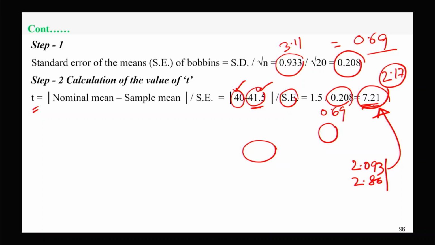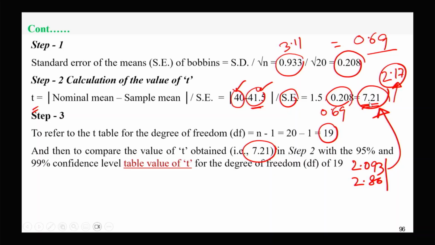Earlier it was 7.21, now it has become 2.17. What is our conclusion? The difference is not significant, because 2.17 is less than the table value of 2.86.